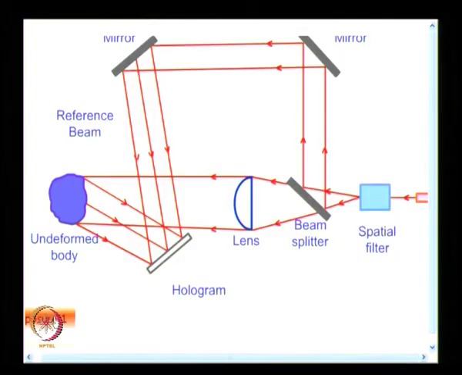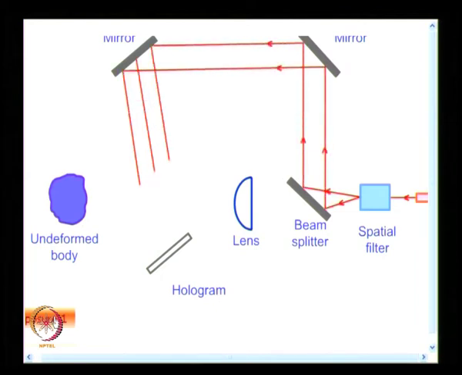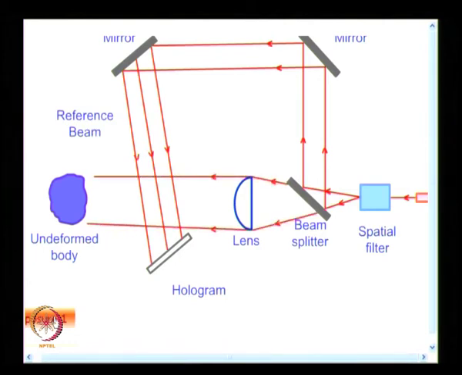So, you have to take care of that, and I will repeat exposure 1, you can have a look at how the whole exposure takes place. You have a reference beam and you also have a beam reflected from the undeformed body. These two waves interfere and then I get this pattern. If I see this pattern, what will I see?